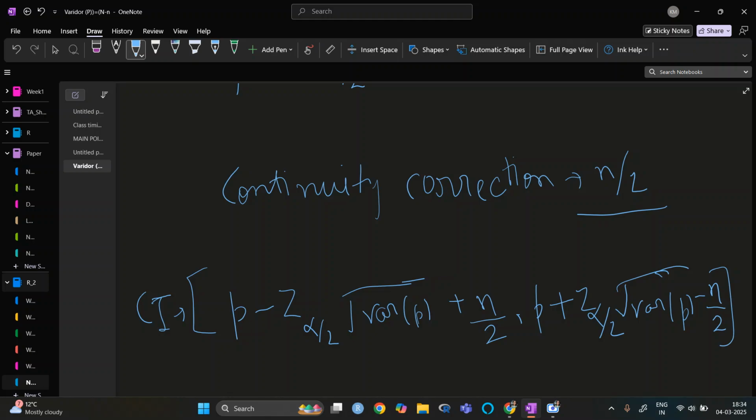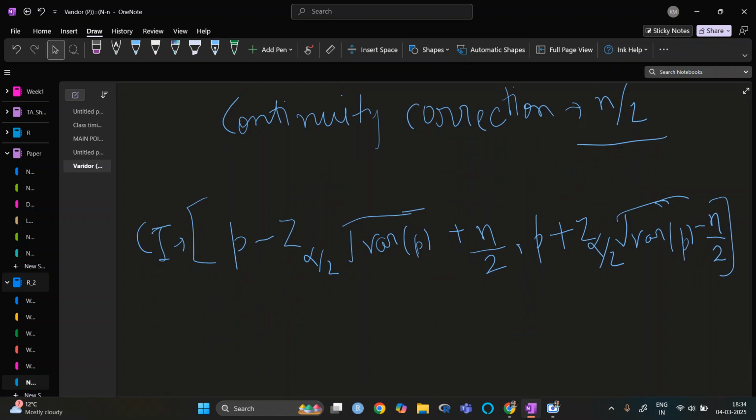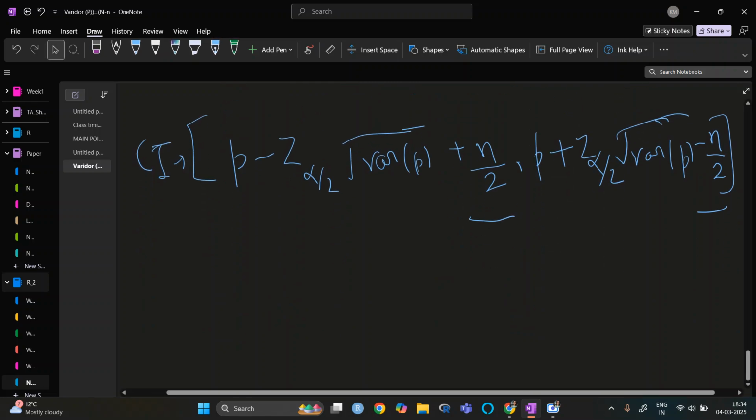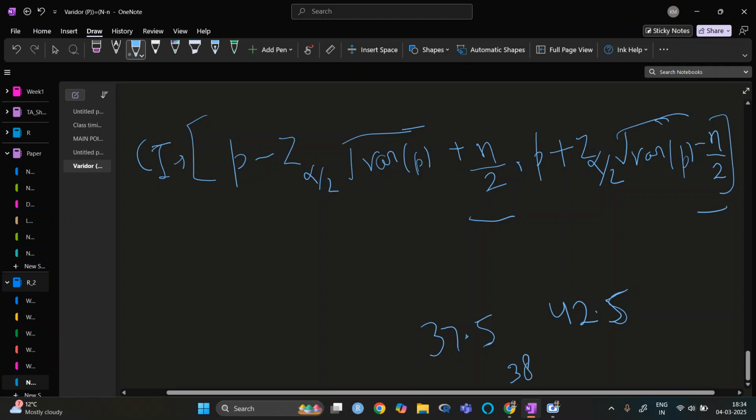One more thing we need to notice here is that we are increasing the lower limit and decreasing the upper limit. Let's say when it was 37.5 and 42.5, we are now taking 38 or 42, I'm just saying.